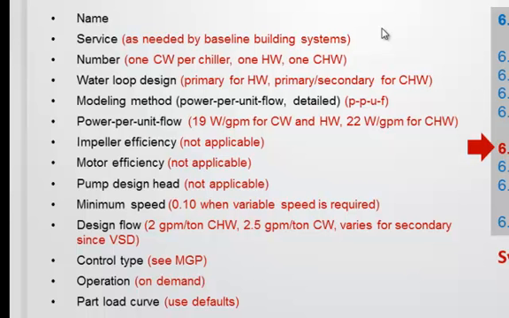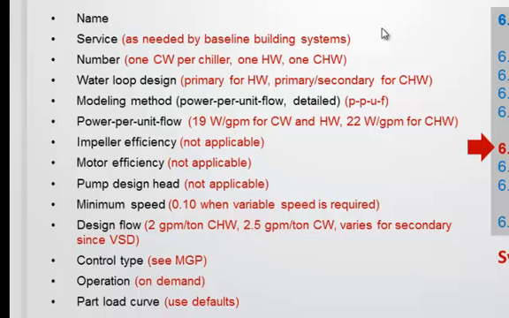The baseline system has one condenser water pump per chiller, one hot water pump, and one chilled water pump. For hot water, it's a primary only system for water loop design, and for chilled water, it's a primary secondary system.